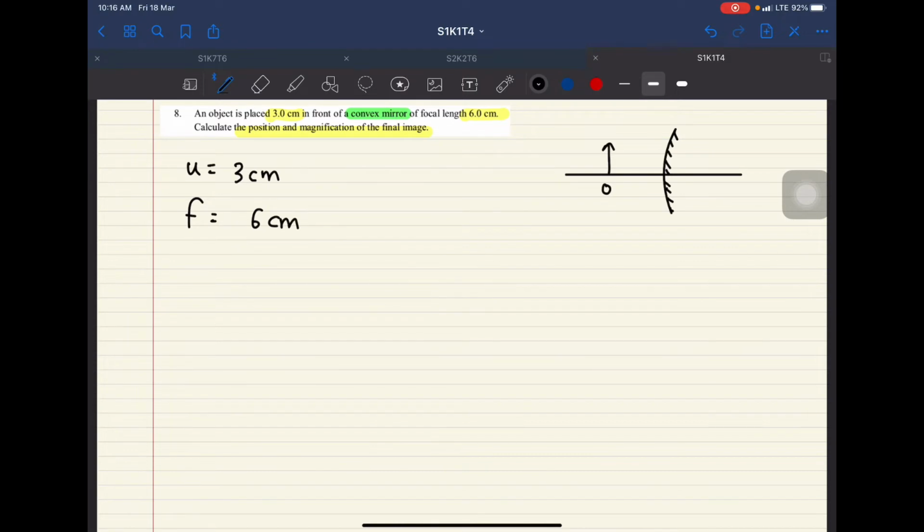Remember, this is a convex mirror, a diverging mirror, so negative f. Even though the question doesn't say it is negative 6, you have to put the negative yourself. The image would be formed somewhere over there, because a convex mirror always forms the image over there. So this is your image, and this is your f.